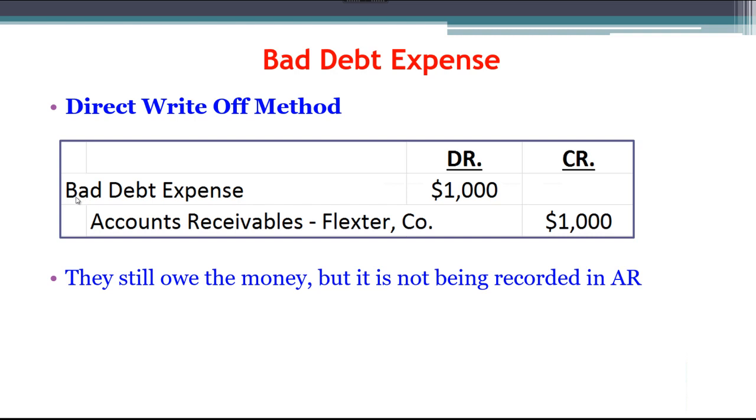Now, the debit, in our example, is going to go to bad debt expense, but in some cases, this might go to a contra revenue. Remember, anytime you see contra, that offsets whatever account it's contra to. So revenue has a normal credit balance, and a contra revenue would have a debit balance.